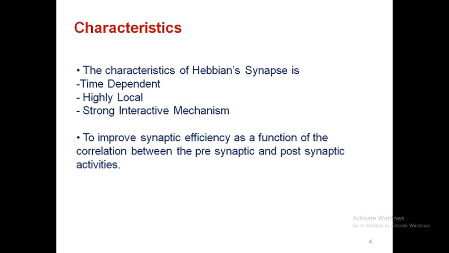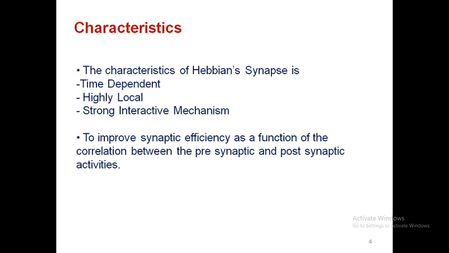It is highly local, so it takes information from the local neurons to decide whether to activate, so it is completely local. Locally it gathers the information, and it has a strong interactive mechanism.